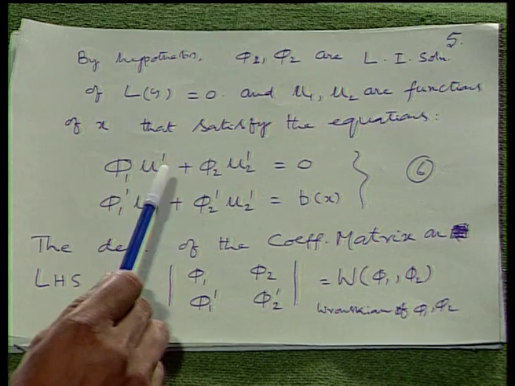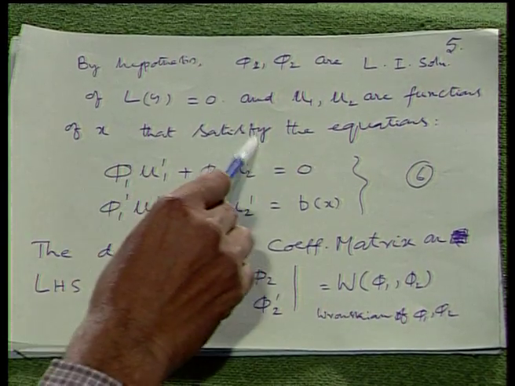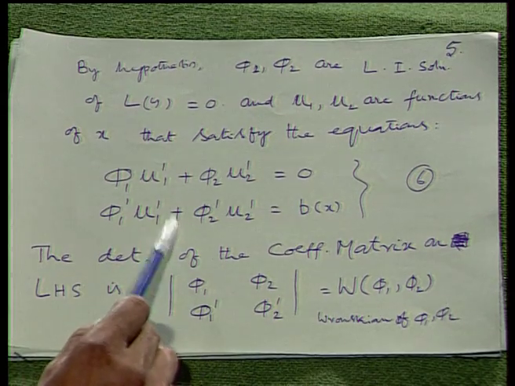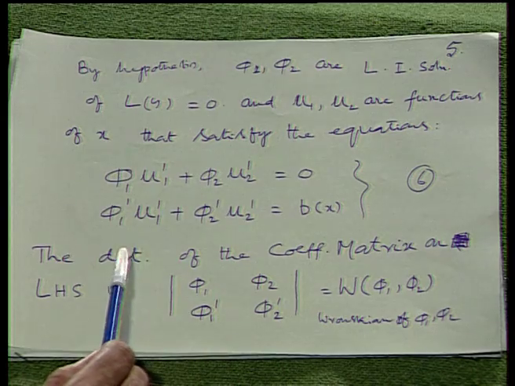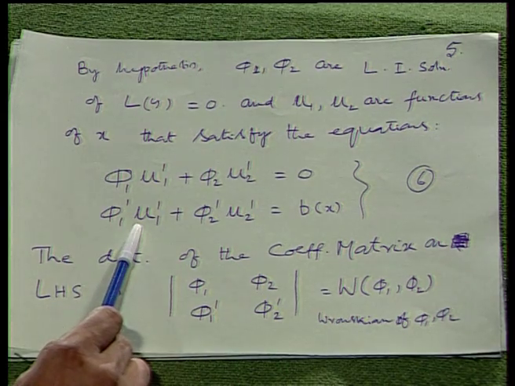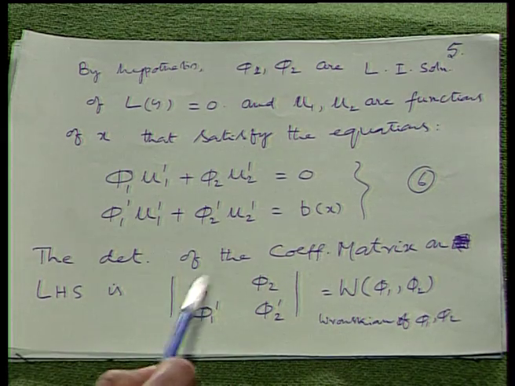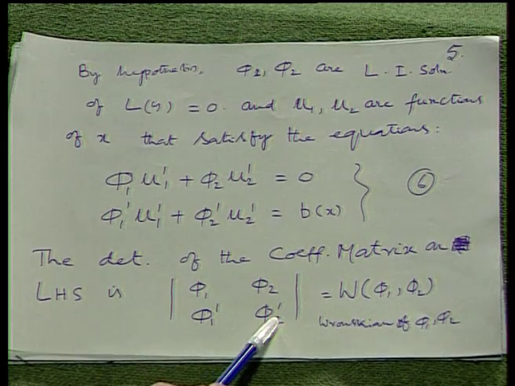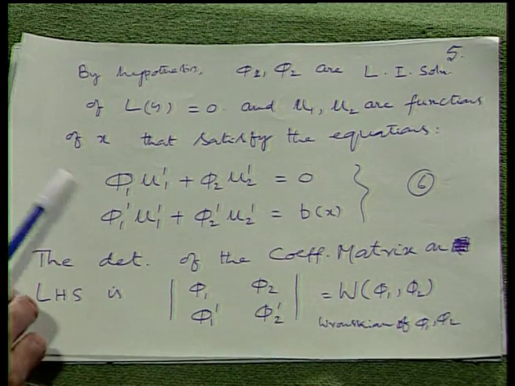Corresponding to this phi 1, phi 2, we have assumed u 1, u 2 are functions of x that satisfy these equations. This is a system of 2 by 2 equations, and the determinant of the coefficient matrix on the left hand side, phi 1 phi 2 phi 1 dash phi 2 dash, is the Wronskian of the solutions phi 1 and phi 2.